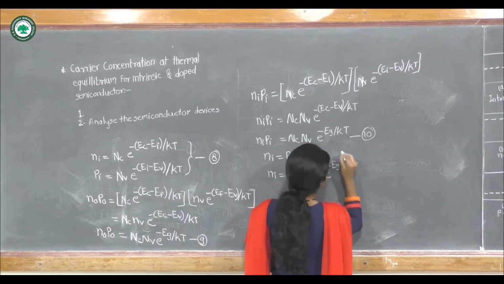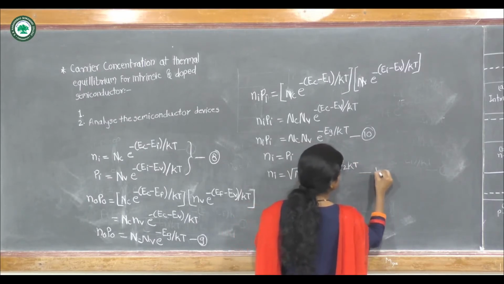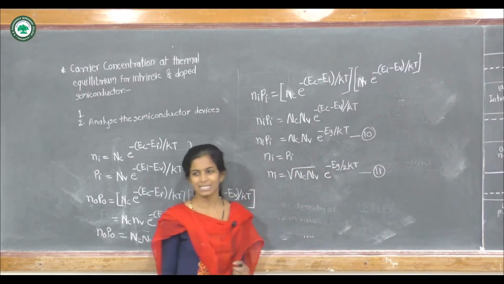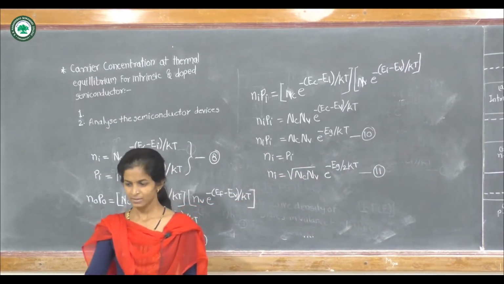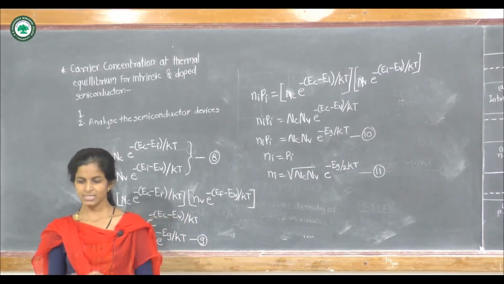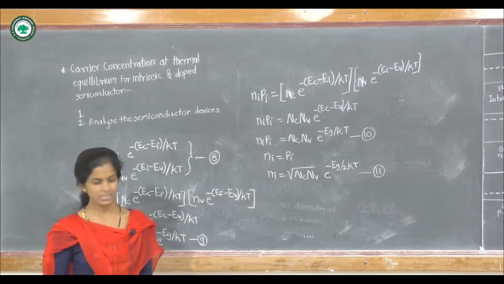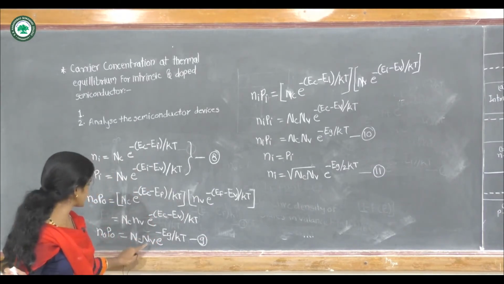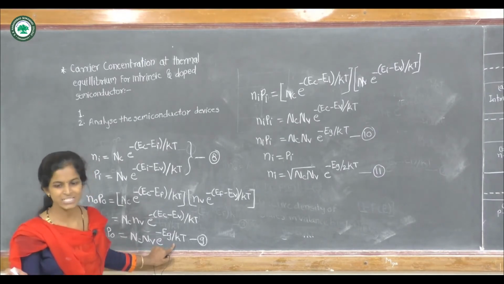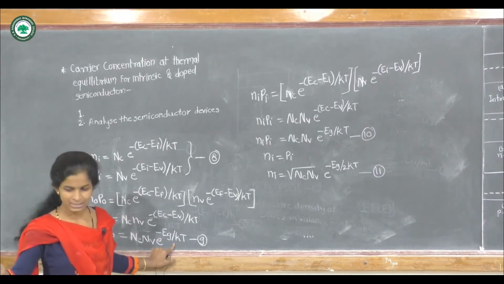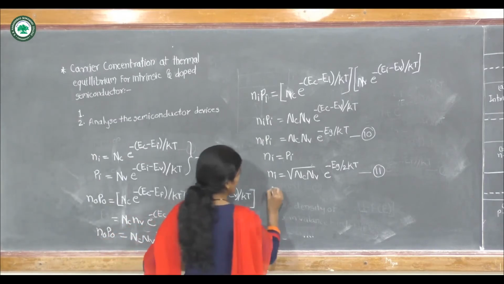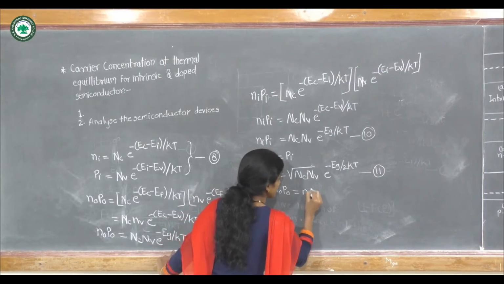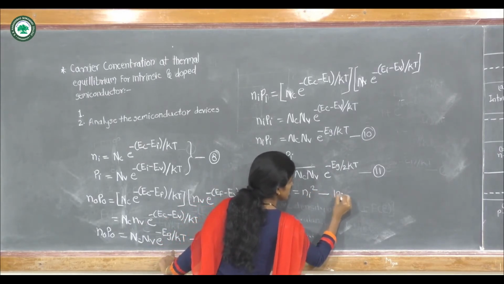By taking the square root of this equation 10, we have this equation number 11, which gives the intrinsic carrier concentration, and the constant electron and hole concentration product in equation number 9, that is n0 p0 equal to Nc Nv into e raised to minus Eg by kT, can be written conveniently as n0 p0 is equal to ni square. So this is equation number 12.